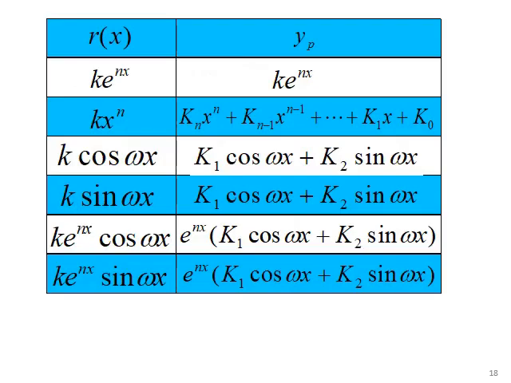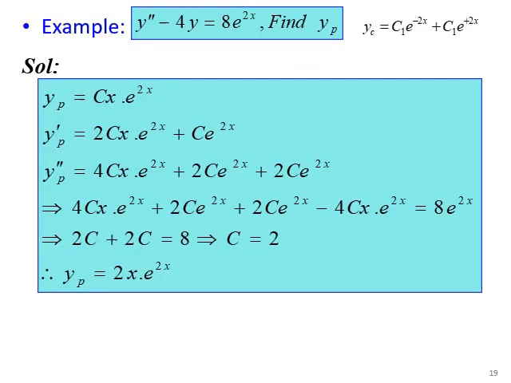This is the table again in a different way, and let me take more examples here. Have a look. Find yp. He asked me to find yp. Now he told me that yc, he solved it on my behalf, is this function. Let me see. This is exponential 2x and this is exponential 2x. I need modification.